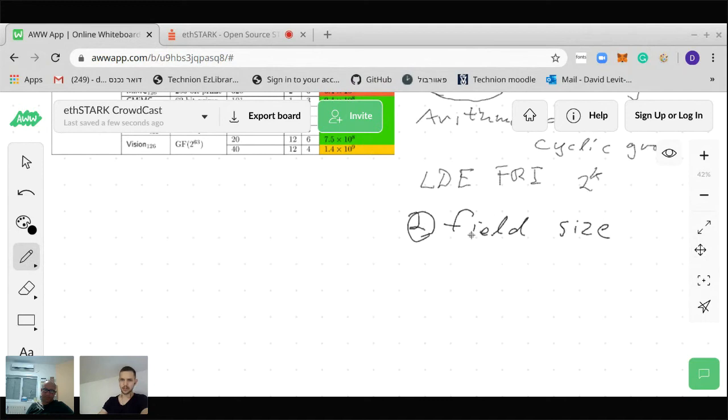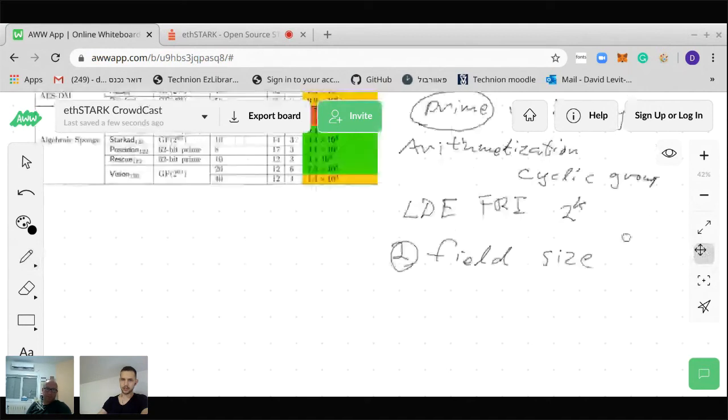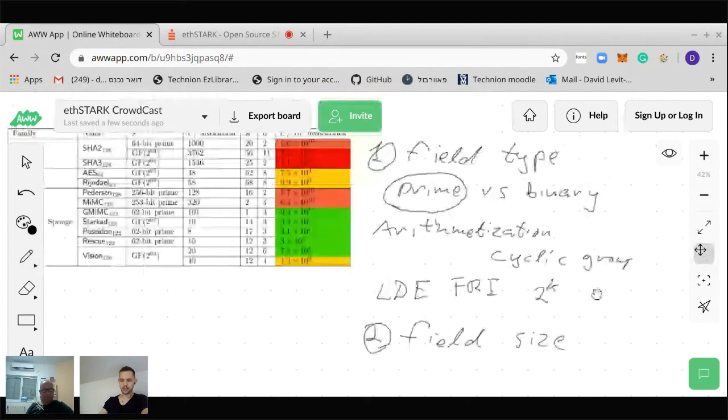So the field size is very crucial. And I will say another thing, that this is another reason to prefer a prime field over a binary field, because currently in current PCs, prime field multiplication is a bit faster than binary field multiplication of the same size.